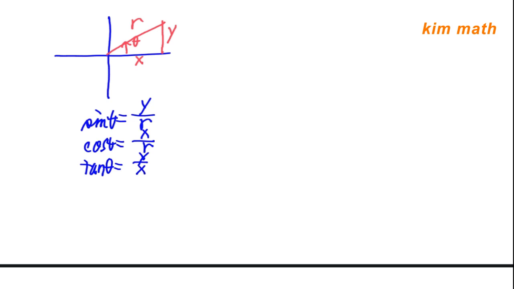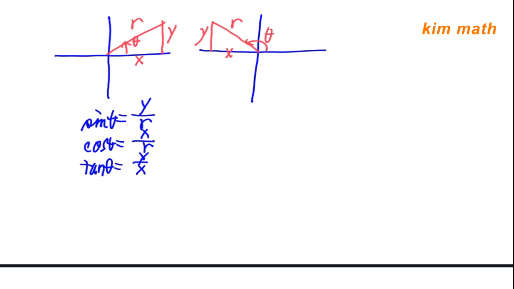Okay, and this story will continue for the angle in the second quadrant. So if your angle is here, now this is your angle theta, then this is y, this is r, this is x.